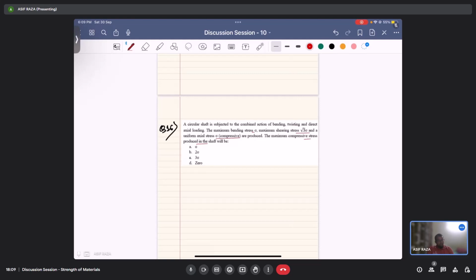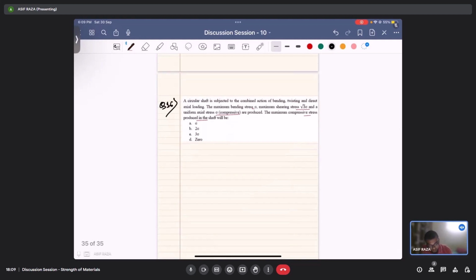Should I solve this part? Okay, I'll just solve this one. So sigma b, it's sigma, both tensile and compressive.